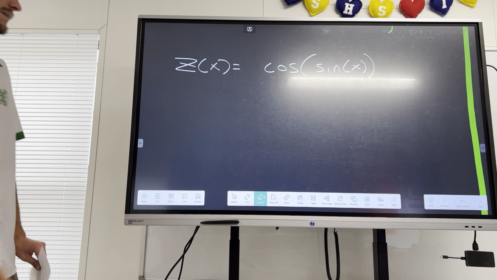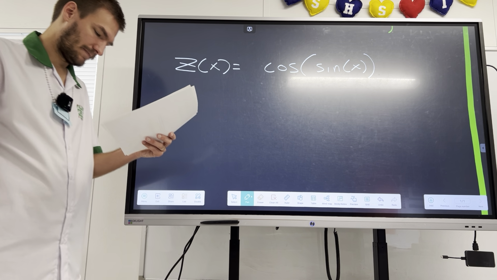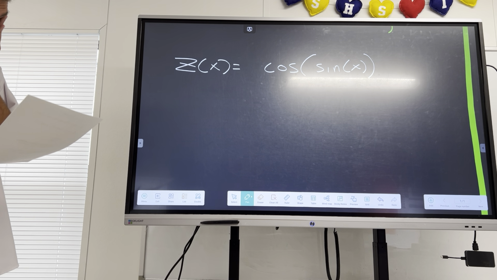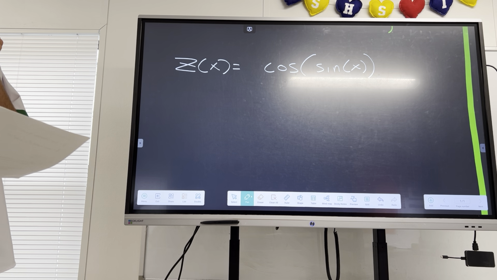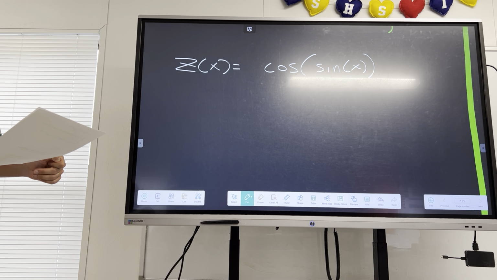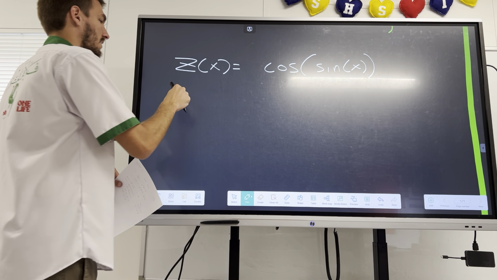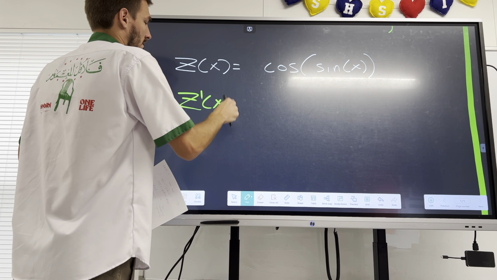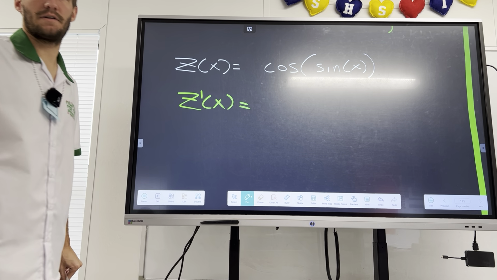See if you guys can work that one out. It should only take you maybe 30 seconds. Anybody got the derivative of cosine of sine of x?